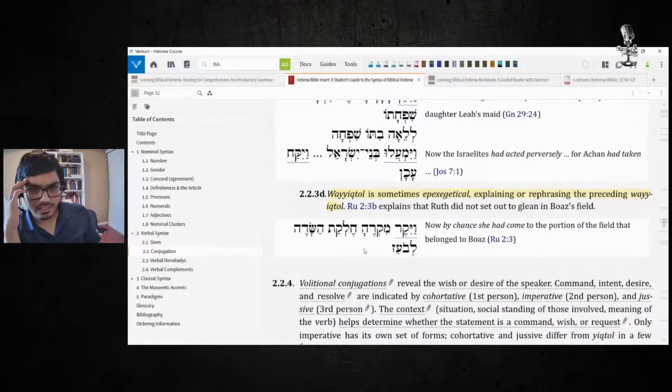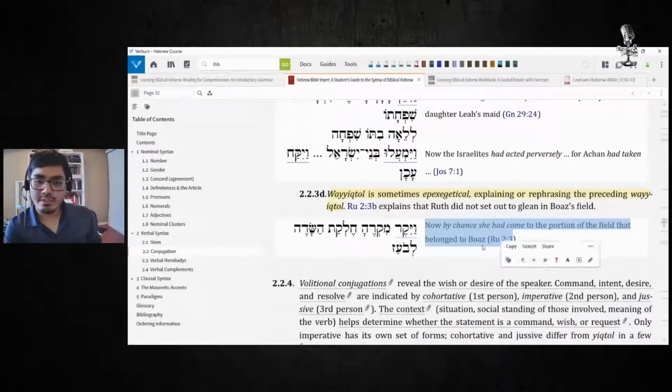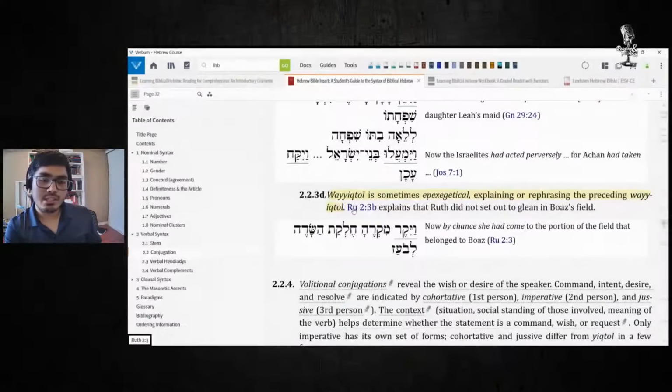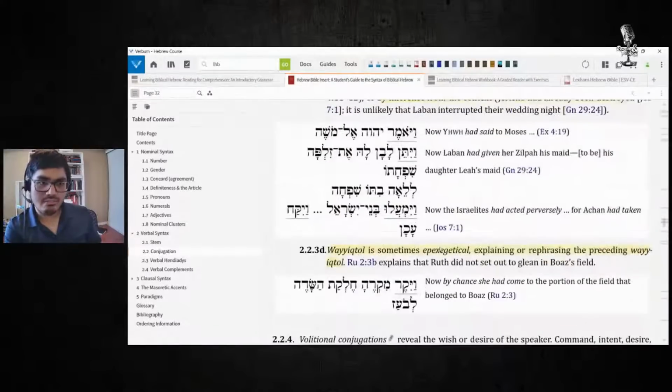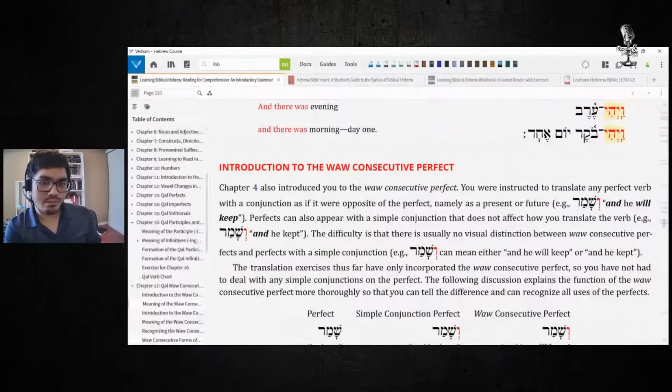And in verse 4, it says, Vaiker mikrea chelchat hasadeh levoaz. Now, by chance, she had come to the portion of the field that belonged to Boaz. And this is happening not sequentially, but simultaneously with the preceding verse. So these are the various ways that the Vaiktol can be used.